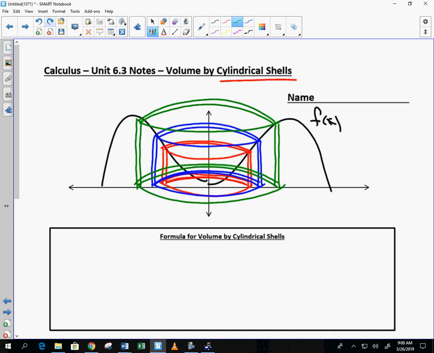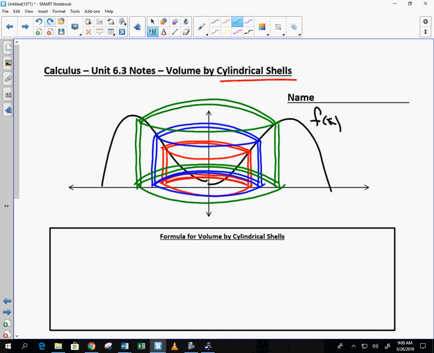Okay, so I drew 3 of them. You don't have to draw all 3 of them. You just draw one. That's fine. The point is can you see that you're going to have a lot of these? If you wanted to, you could make them thinner and thinner and thinner so that you would eventually have an infinite number that would make up that shape.